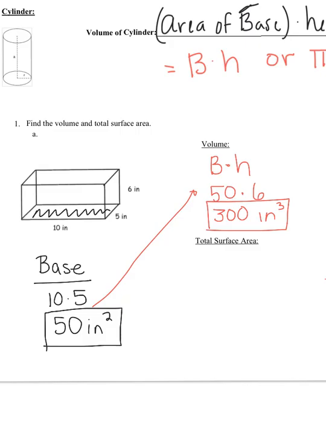And total surface area, remember, it needs to be broken into the lateral and the total. So I already have one base. I'm going to find my lateral. Going to remind myself from the last few days that that's perimeter of base times height.